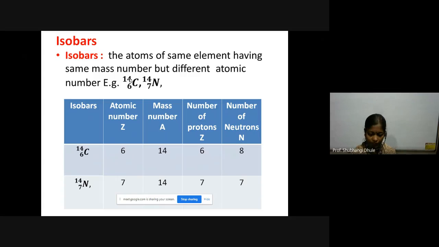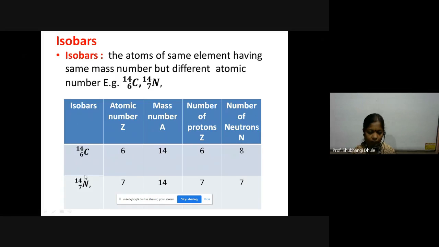Take the example of carbon-14 and nitrogen-14. This is the representation of the nuclide in the first column.